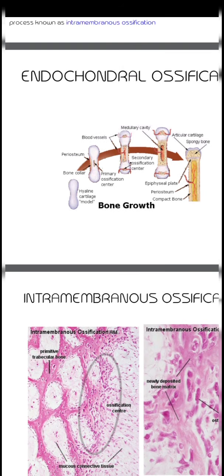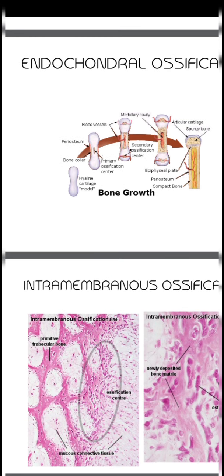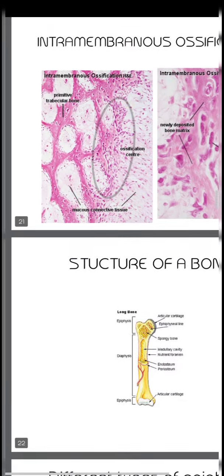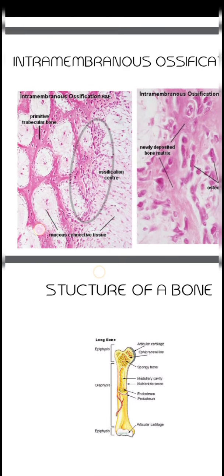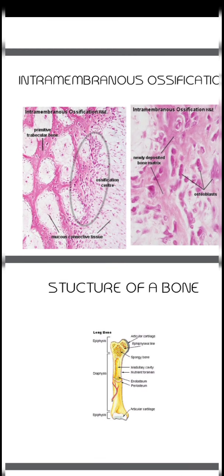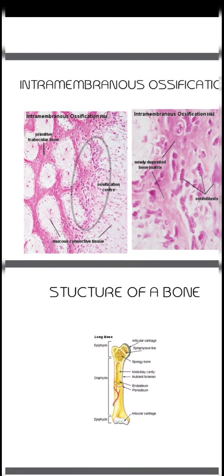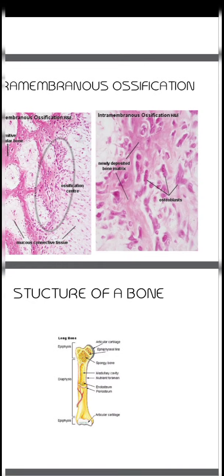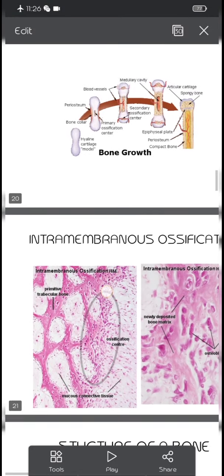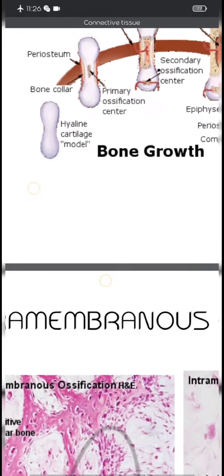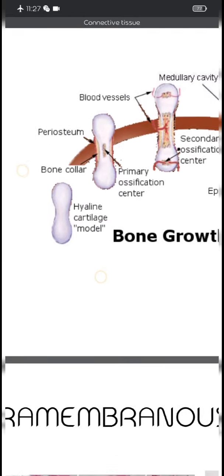For endochondral ossification we need a cartilaginous model, and then the ossification centers appear within the bone. Whereas in intramembranous ossification, first there is a woven bone, then ossification centers start to appear, and then the bone is ossified into flat bone. Okay, so this is the main thing.